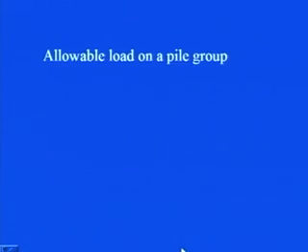Now, how can we get the allowable load on a pile group? We have seen how we can find the ultimate load capacity of the pile group, and how we can estimate the settlement of the pile group, be it in sand or clay. Now we will see how we can find the allowable load on the pile group.